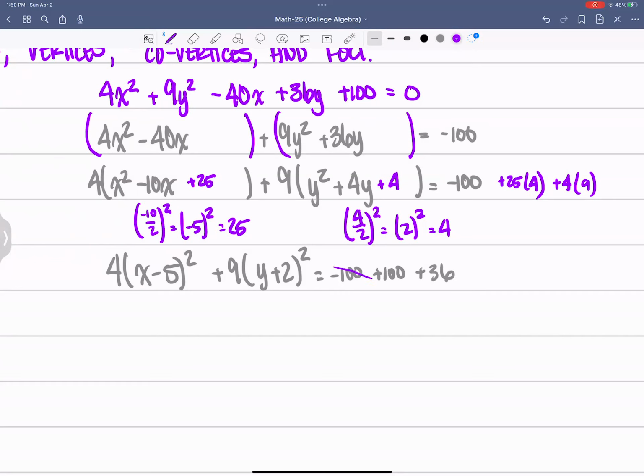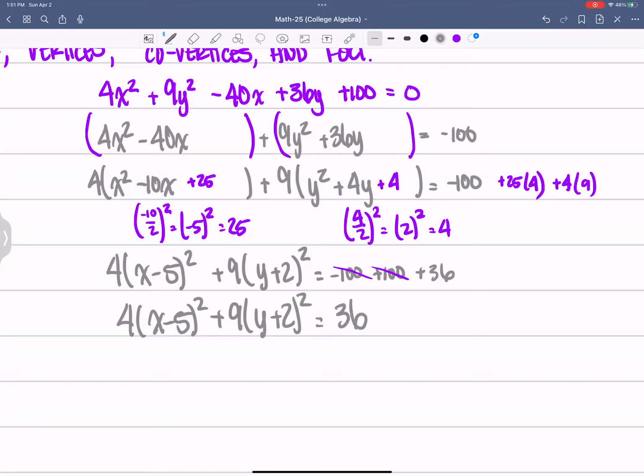Those two subtract out. So 4(x minus 5) squared plus 9(y plus 2) squared equals 36.